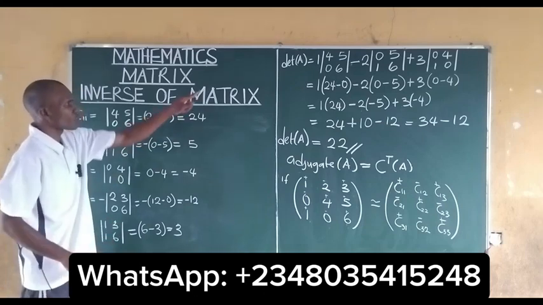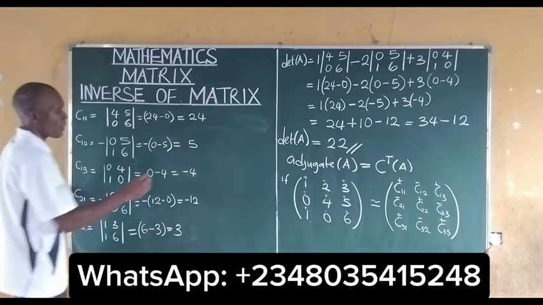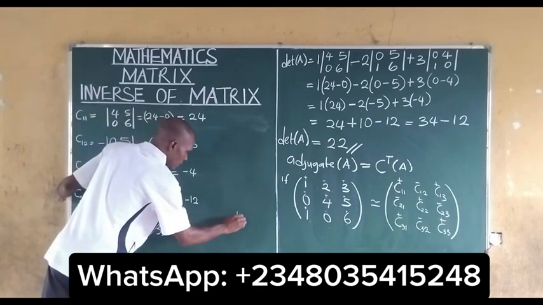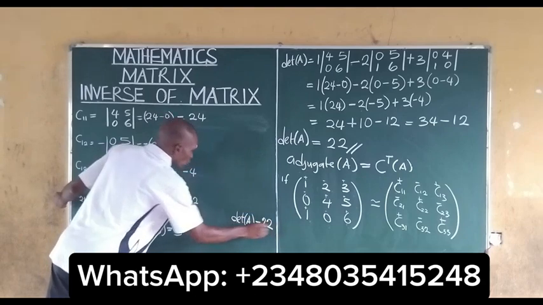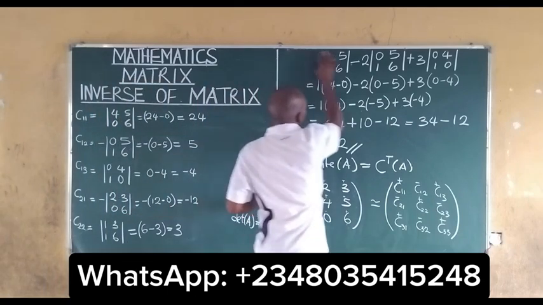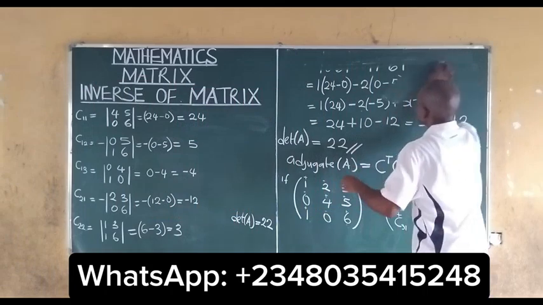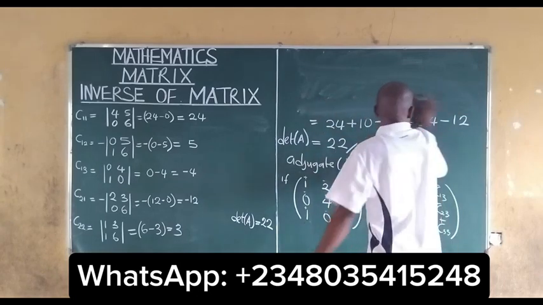You remember that our determinant of A is equal to 22. We move back to this side of the board to maximize our space.